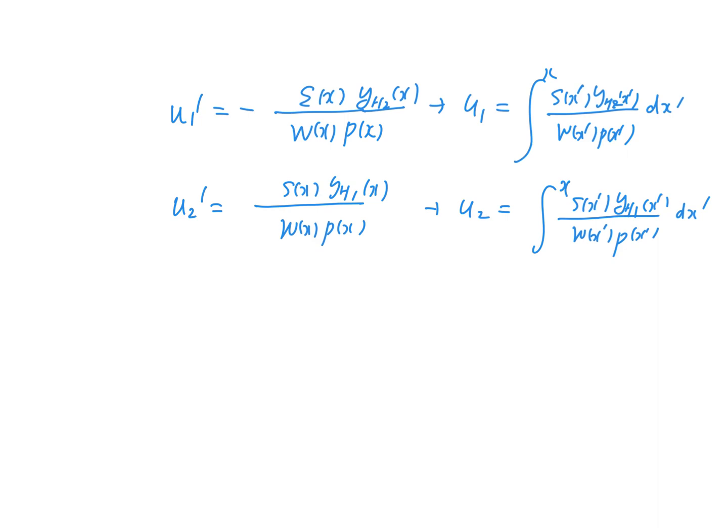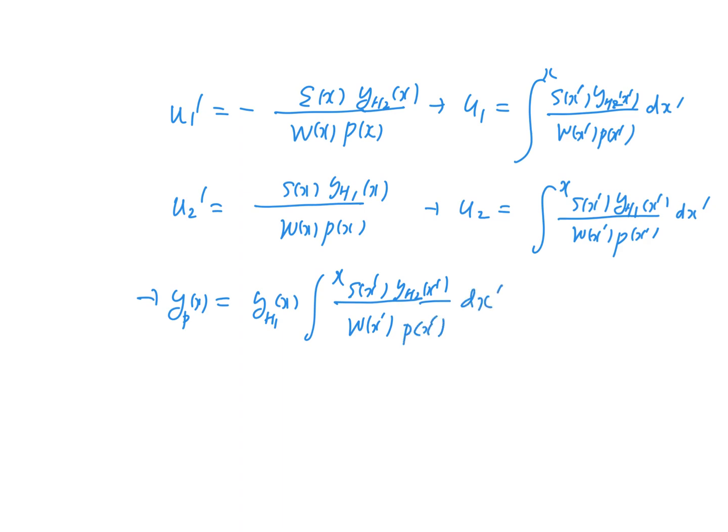And then the particular solution is this: yh1x times the integral of sx prime yh2x prime over wx prime px prime, plus yh2x times the integral of sx prime yh1x prime over wx prime px prime.